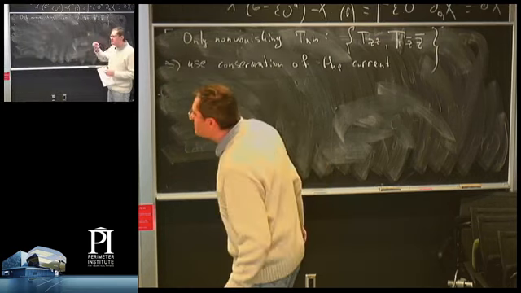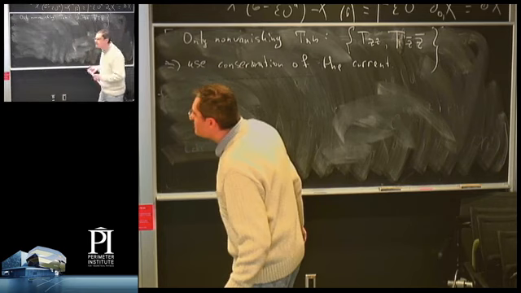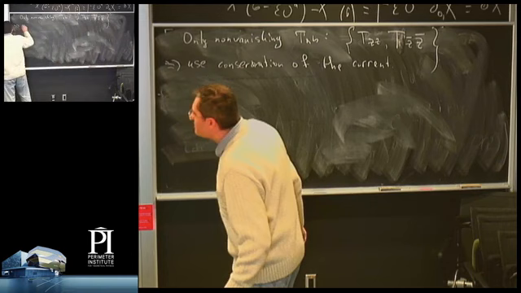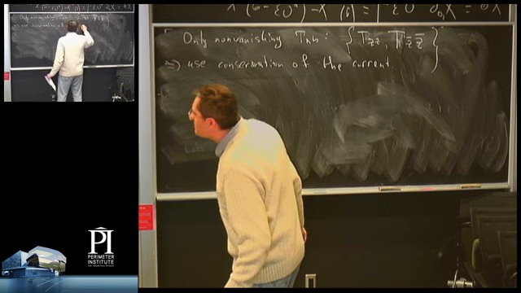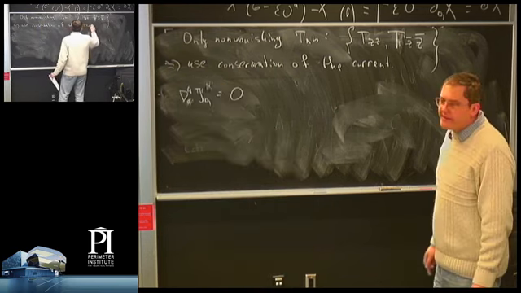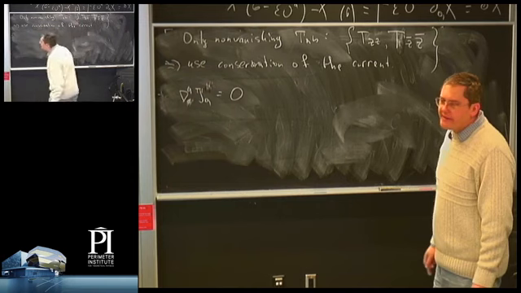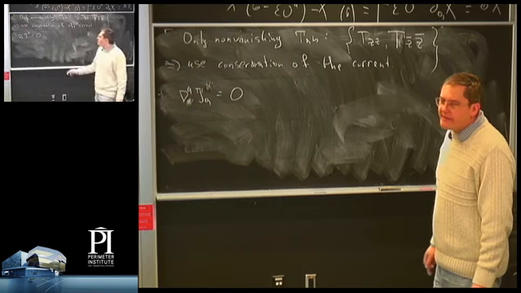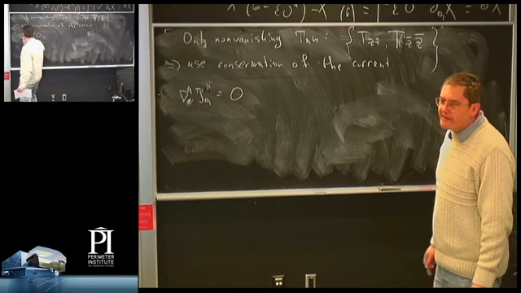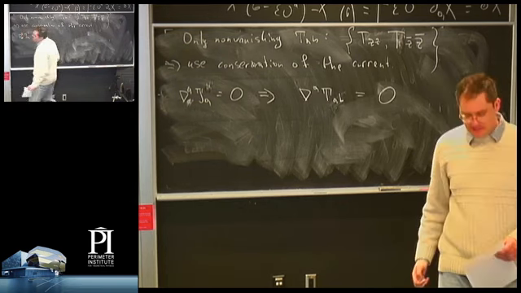So far we used just the condition that our stress energy tensor is traceless, but now we use conservation of the current. Strictly speaking, the way we should write down the conservation of the current is that nabla_A J^A equals 0.